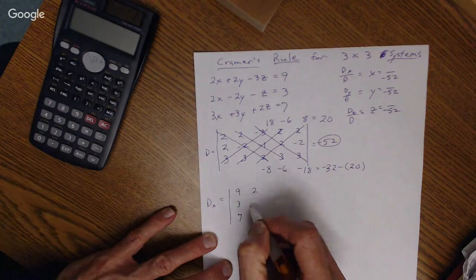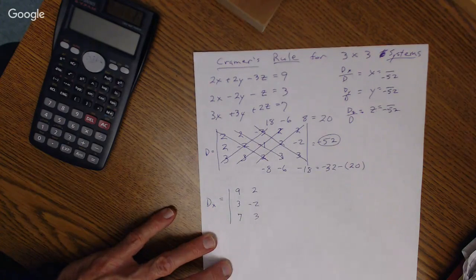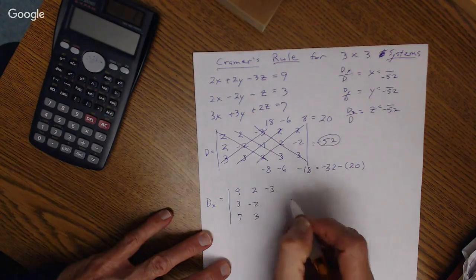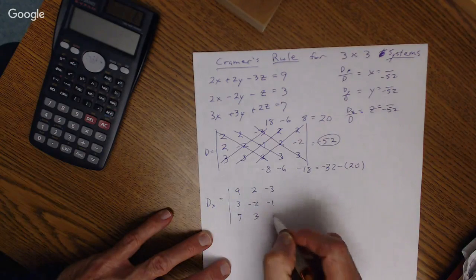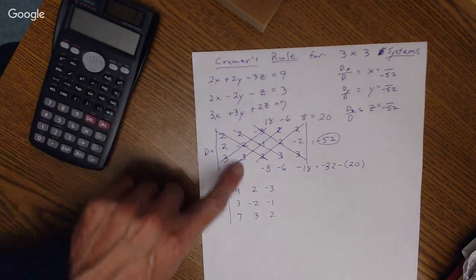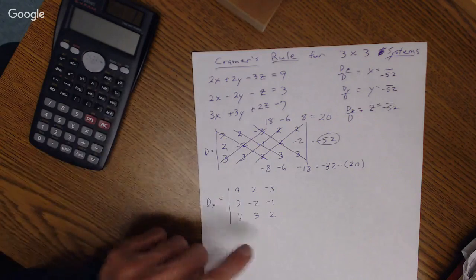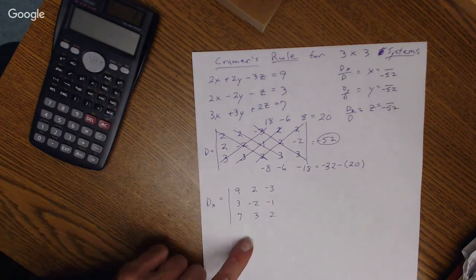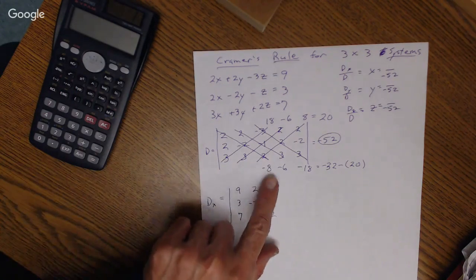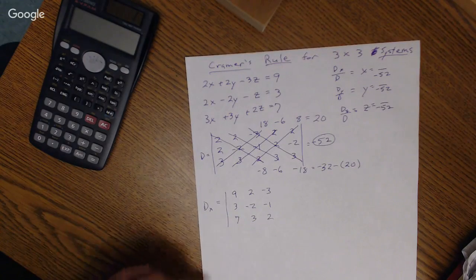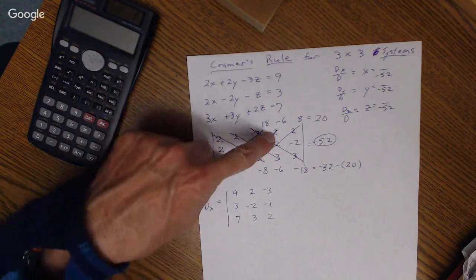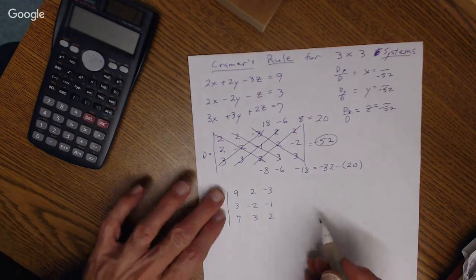Okay, the rest of the coefficient matrix is the same. So 2, -2, 3, -3, -1, and 2. Those are the y coefficients and the z coefficients. They stay exactly the same in the y column and in the z column. Now we do the same thing we did up here. We repeat that first column.